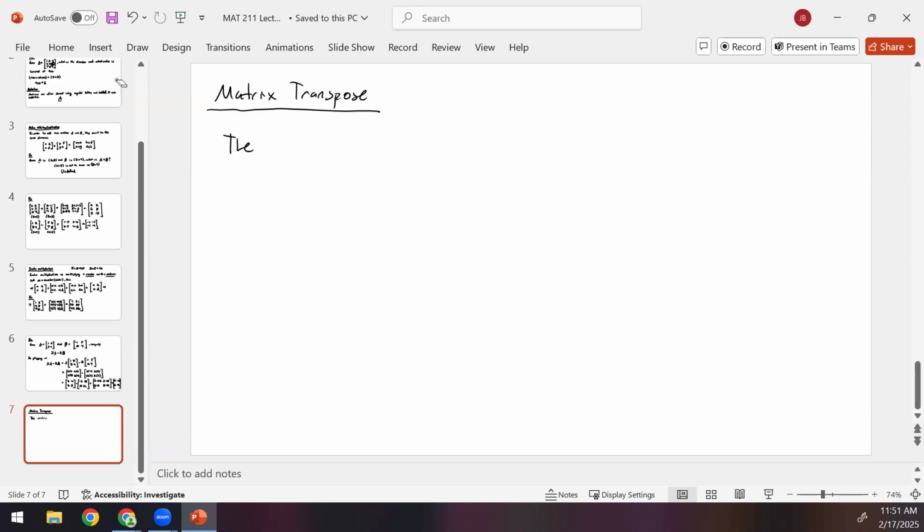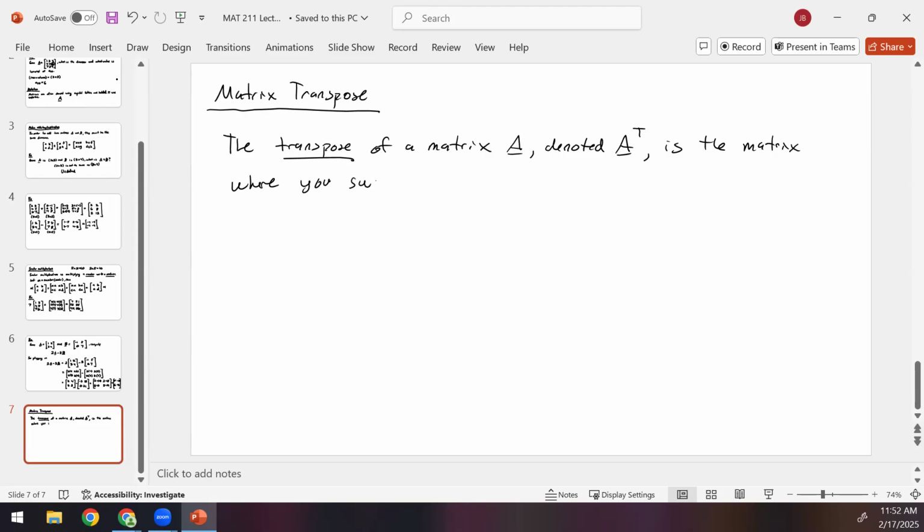The transpose of a matrix A, and the way we denote this is using a capital T. So A transpose is the matrix where you swap columns into rows or rows into columns.